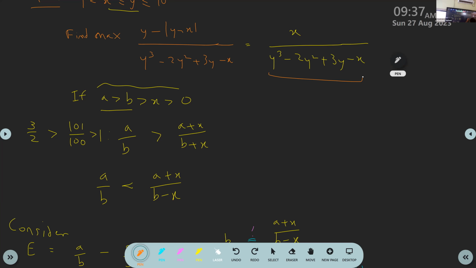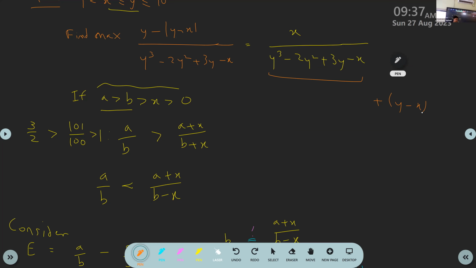So like that, what will I do? I will first, to take care of this minus x, what can I use to annihilate that minus x? 1 plus y is enough, right? Because we know that y is greater than x. So out of this 3y, I will borrow 1y and give it to this minus x. So I'll write this as y minus x. So 1y is gone. But I still have y cubed minus 2y squared plus 2y left.